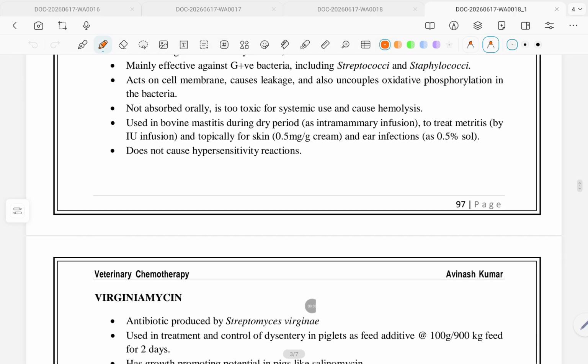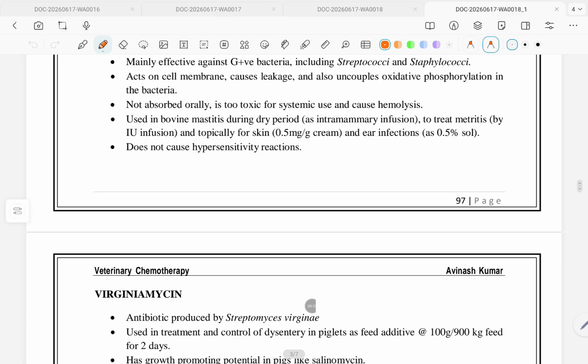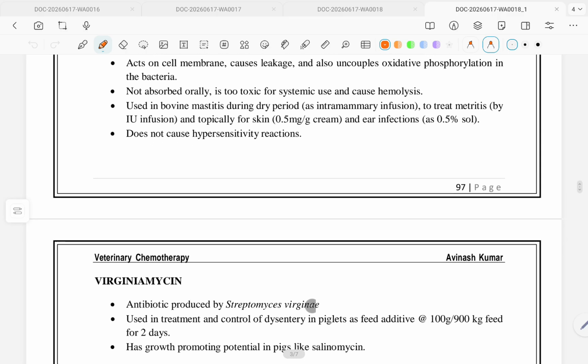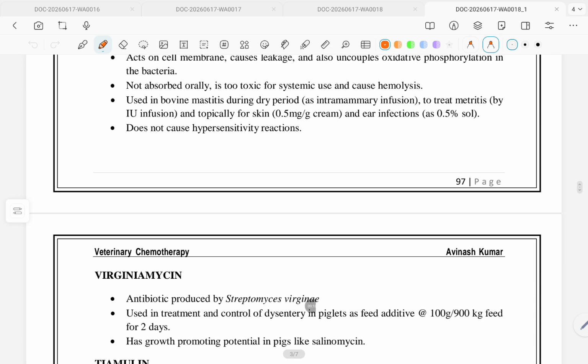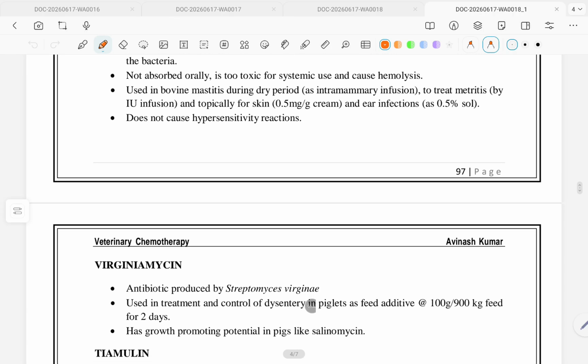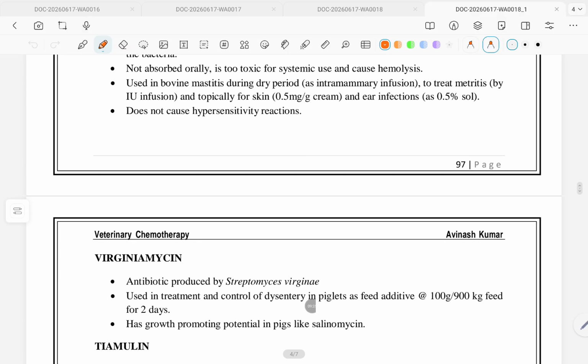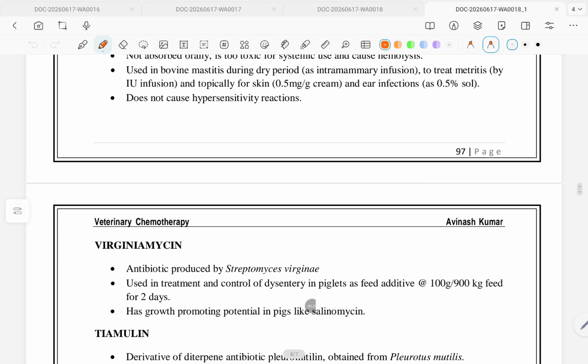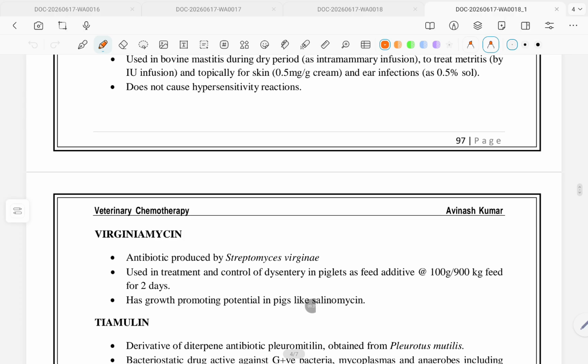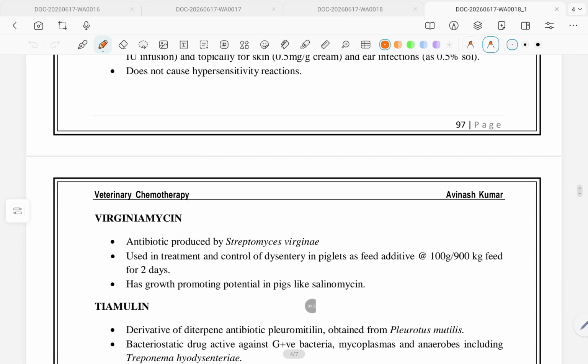Not absorbed orally, it is too toxic for systemic use and causes hemolysis. Used in bovine mastitis during the dry period as an intramammary infusion, to treat metritis by IV infusion, and topically for skin, 0.5 mg per gram cream in early infection as a 0.5% solution. Does not cause hypersensitivity reaction.